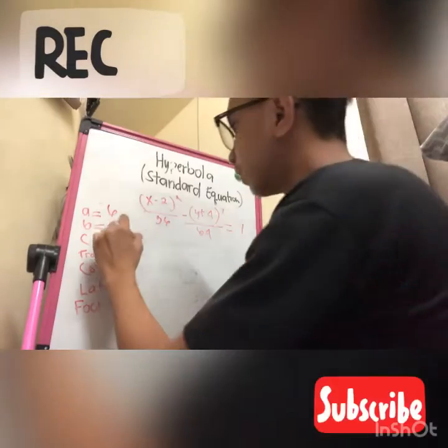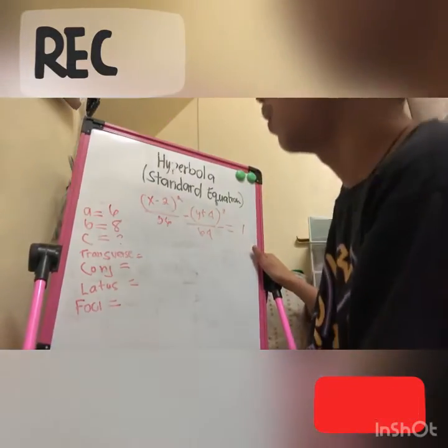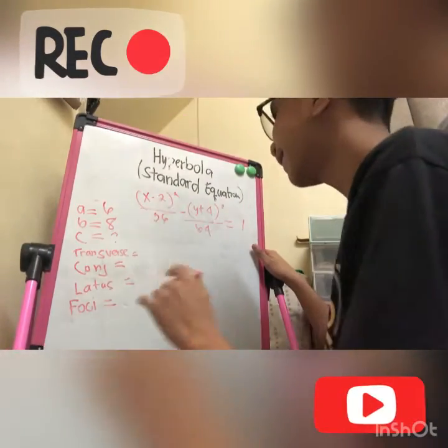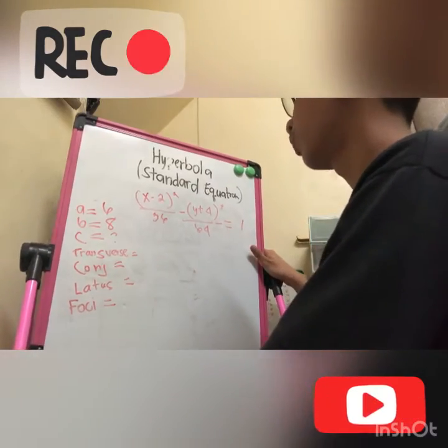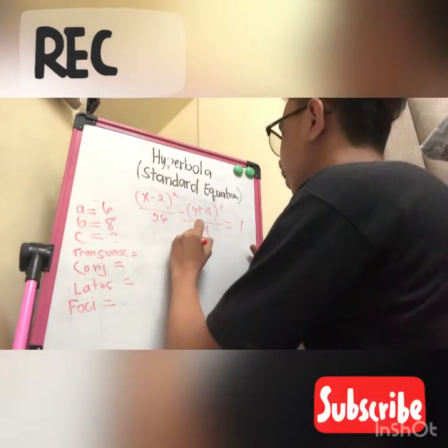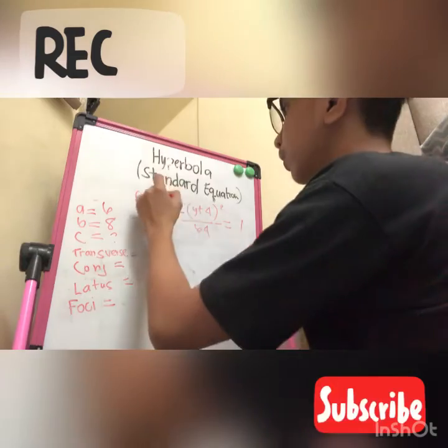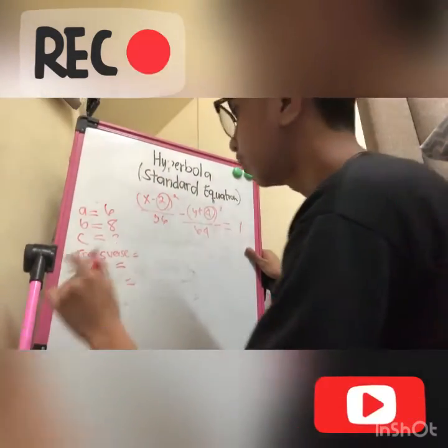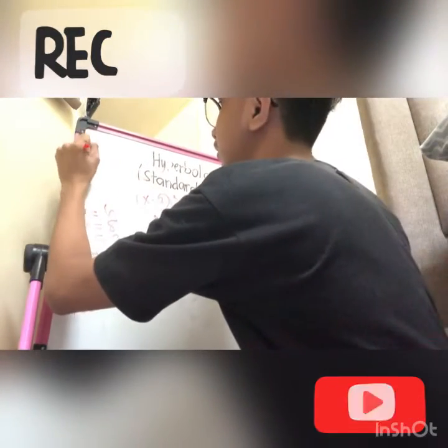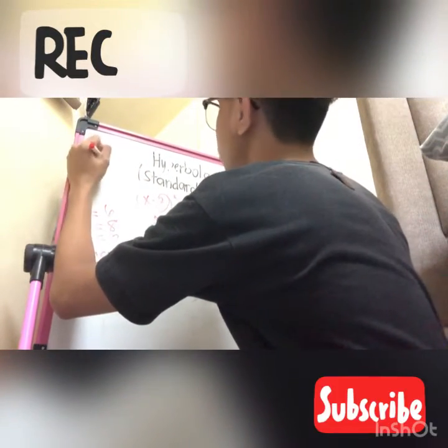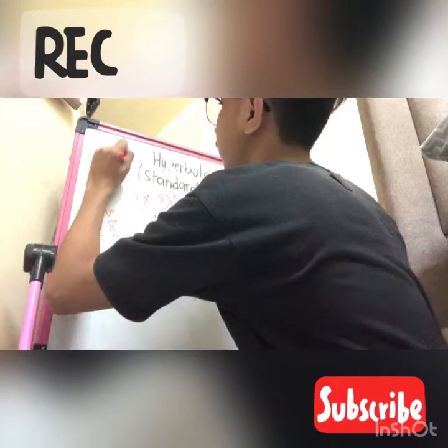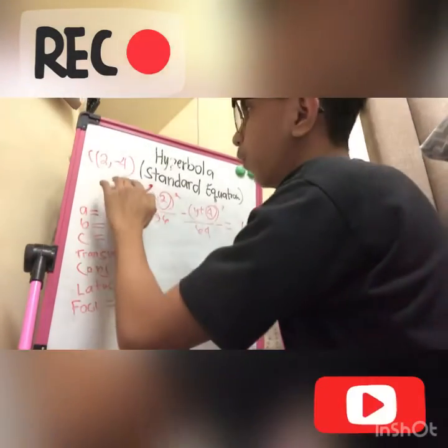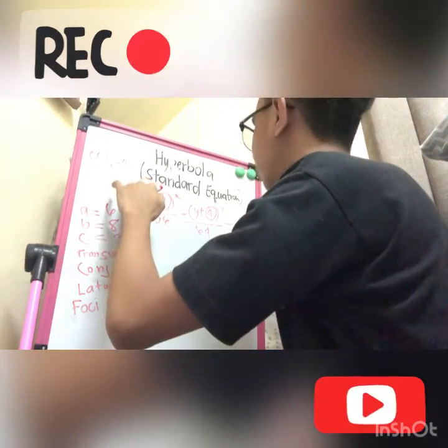So the missing here is c. So before finding the c, we must find the center, which is h and k. So here's the h and here's the k. So the given value of the center is 2 and negative 4. That's the center.